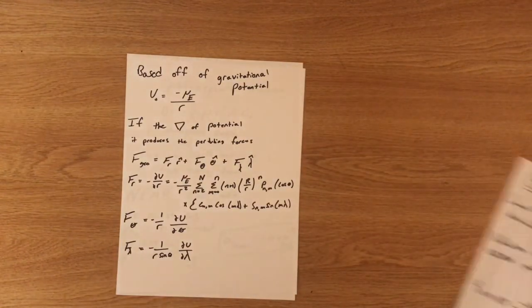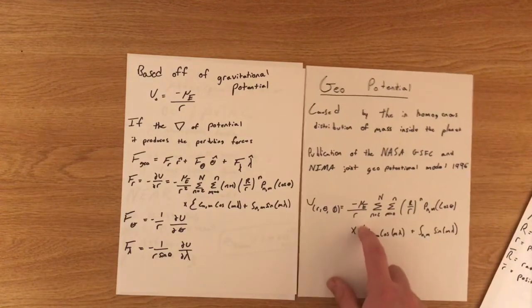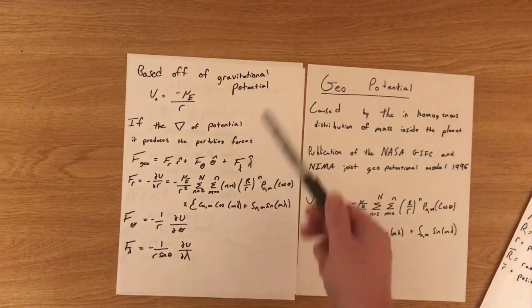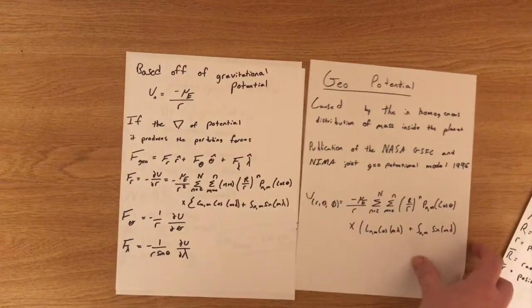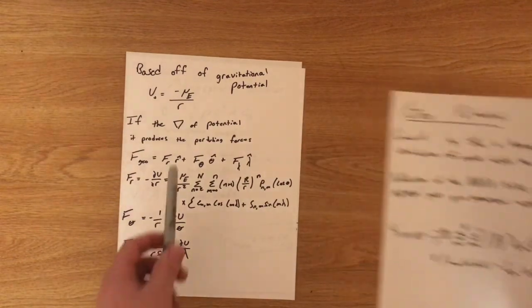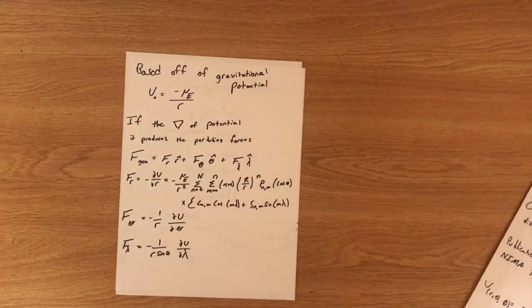The equation that was used was based off of gravitational potential, which is the mass constant of the Earth over radius r from the Earth to the satellite. If you take the gradient of the potential, it produces the perturbing forces in each direction.